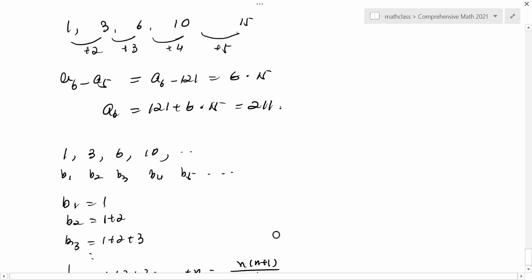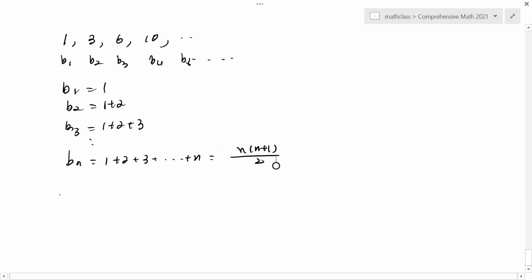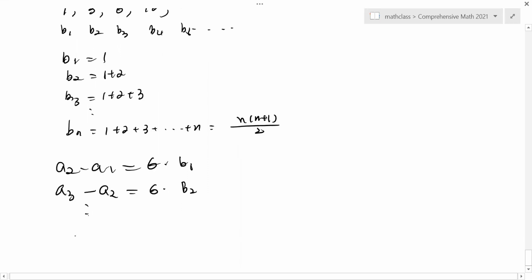So let's go back to this formula. A2 minus A1 is 6 times B1. A3 minus A2 is 6 times B2. And keep it going. An minus A(n-1) is 6 times B, I think it's n minus 1 here.